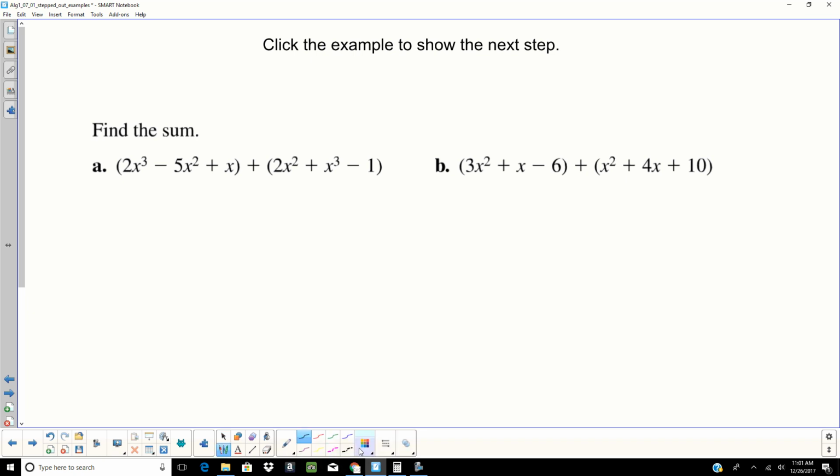So I'm going to get out the handy dandy highlighter here. 2x cubed and x cubed are like terms. Negative 5x squared, positive 2x squared are like terms. X doesn't have anybody to pair up with. Neither does that minus 1.